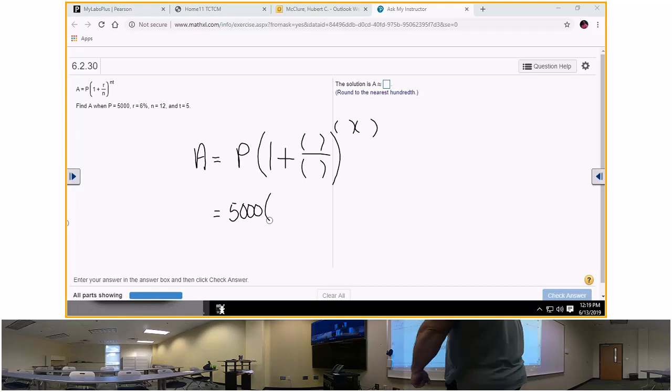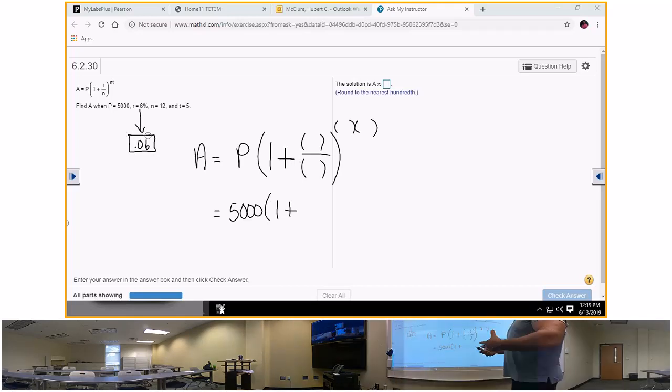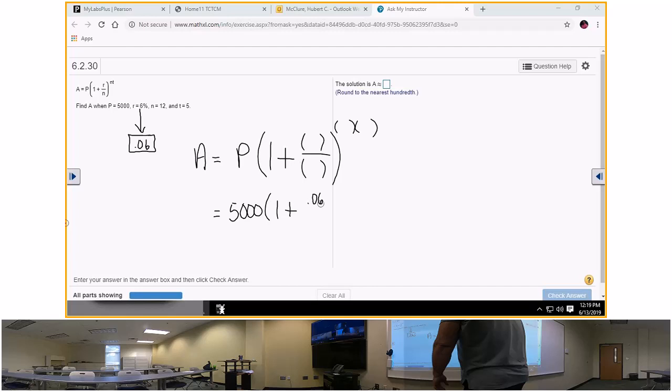And then 1 plus, and then R is your rate. Now, the rate is not going to be put in as 6%. It's going to be put in as 0.06 because most times percentages cannot be put into a formula unless you change it into a decimal. So that's going to be 0.06 over N is 12, and that's a monthly compounding.